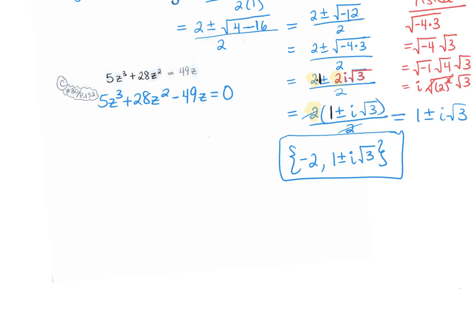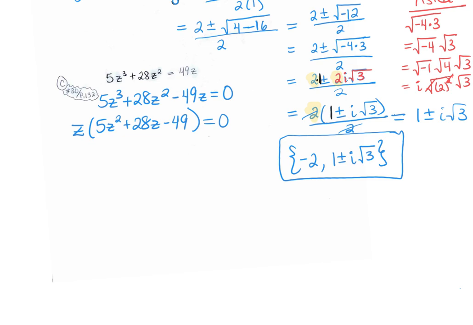They all have z in common, so we can factor the z out, yeah? And when you factor the z out, what do we have left? z times the quantity 5z squared plus 28z minus 49, all of that times z, is equal to 0.